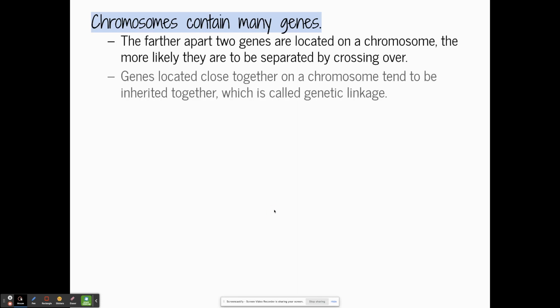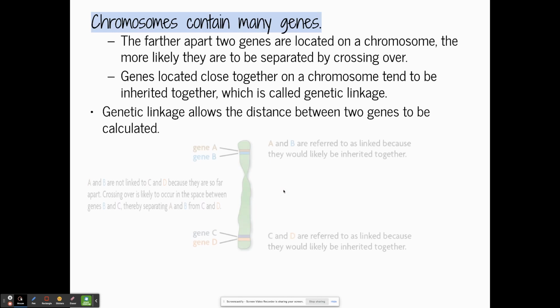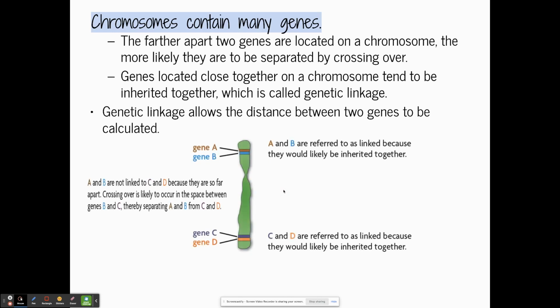Now, chromosomes contain many genes. Like we said, a chromosome is a long strand of DNA. The farther apart two genes are located on a chromosome, the more likely they are to be separated by crossing over. If I look at genes A, B, C, D, notice how A and B are together and C and D are together.